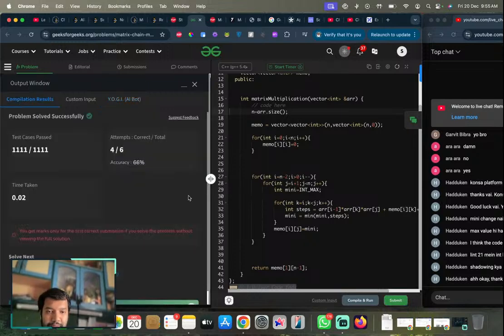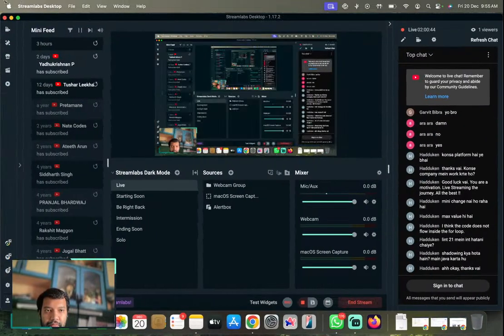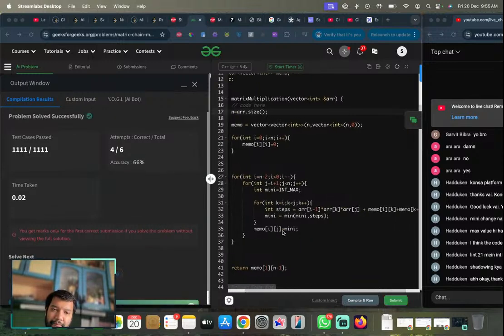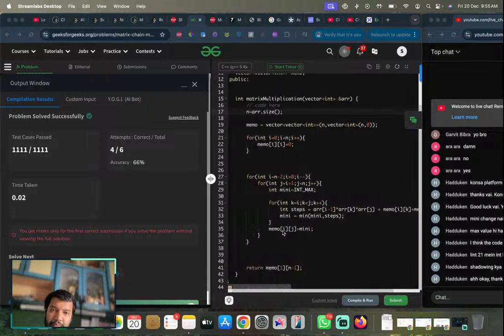This is useless. Is there a way to optimize this even more? Let's just see once. What is the time complexity right now? N, N, and at max N. So N cube is the time complexity right now. What is the space complexity? N square.